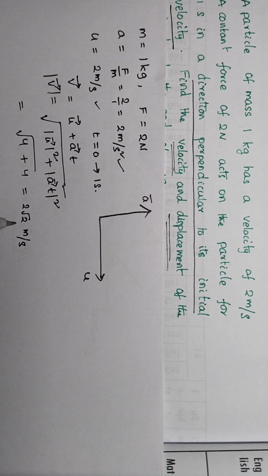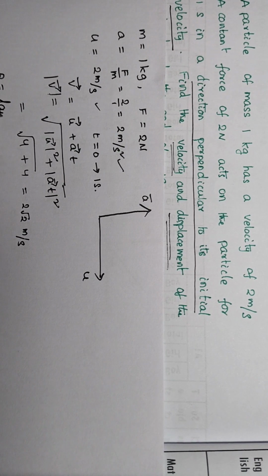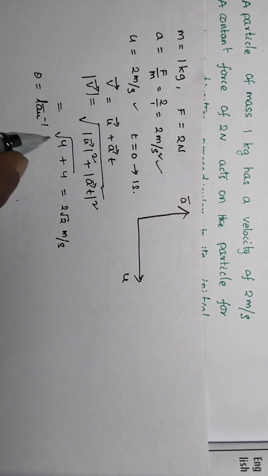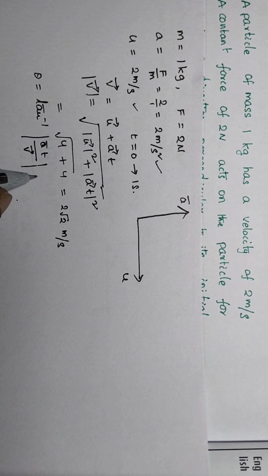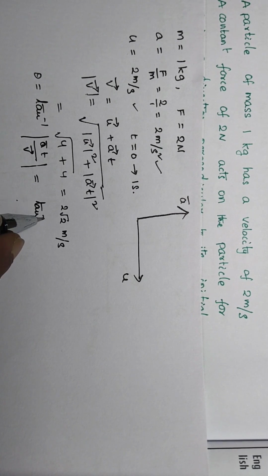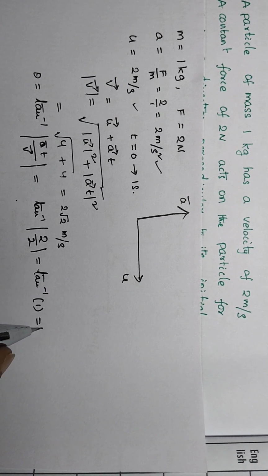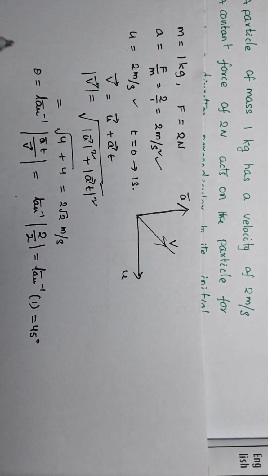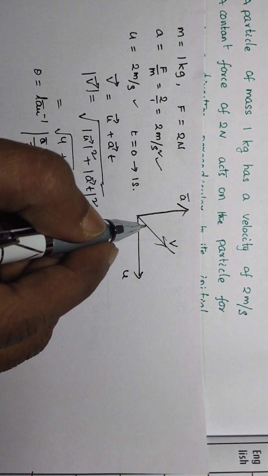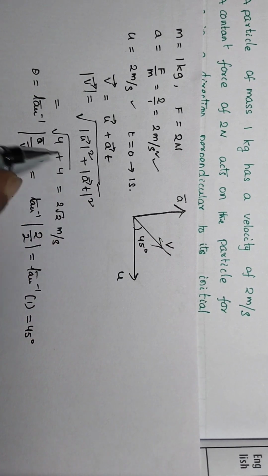And here the direction also has to be mentioned. How can you find the direction? That means the angle theta is equal to tan inverse of modulus of a bar t by u bar. So that is equal to tan inverse 2 by 2, that is equal to tan inverse 1, that is equal to 45 degrees. So the final velocity v after 1 second is making an angle of 45 degrees with the initial velocity direction.